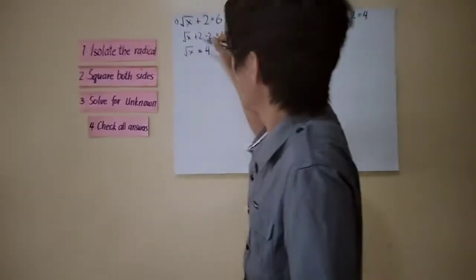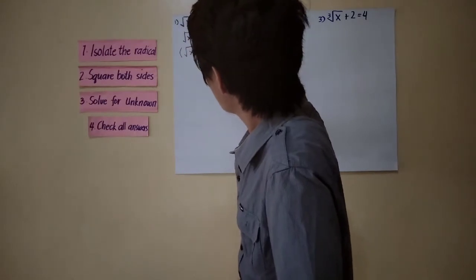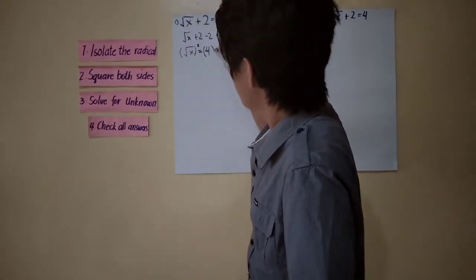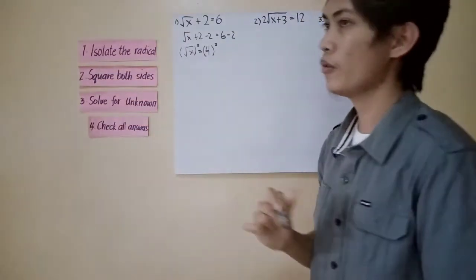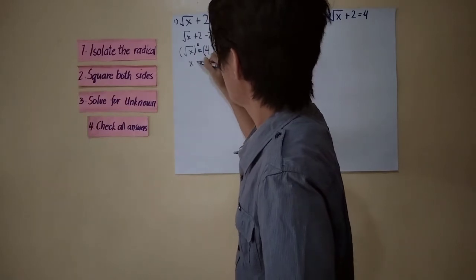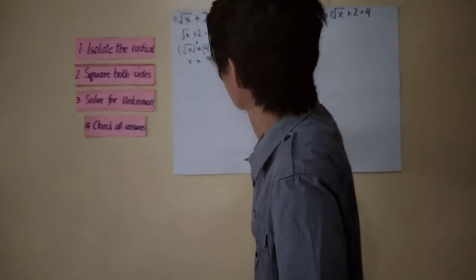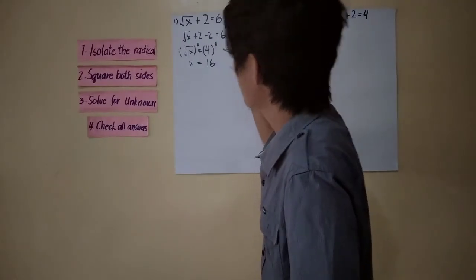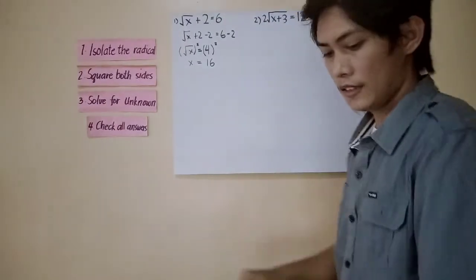So we're going to square the square root of x and 4. The square root of x, when squared, becomes just x, while 4 squared is 16. So now let's check whether 16 really is the answer to our problem.